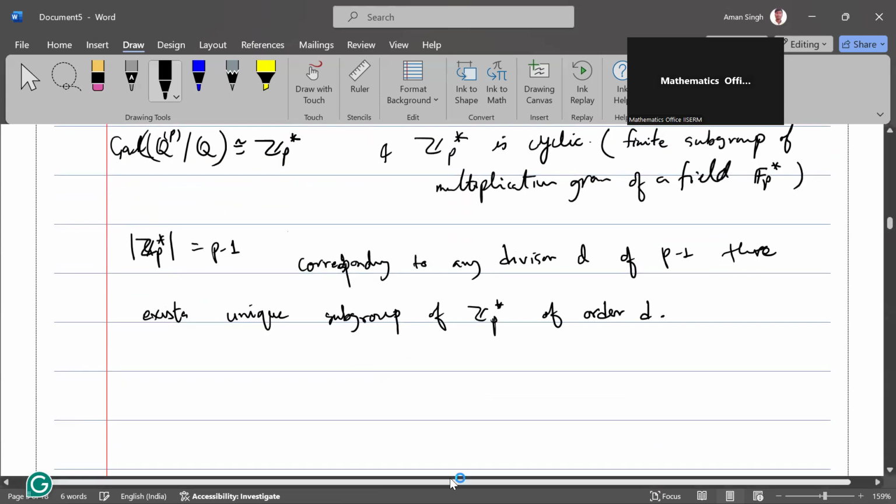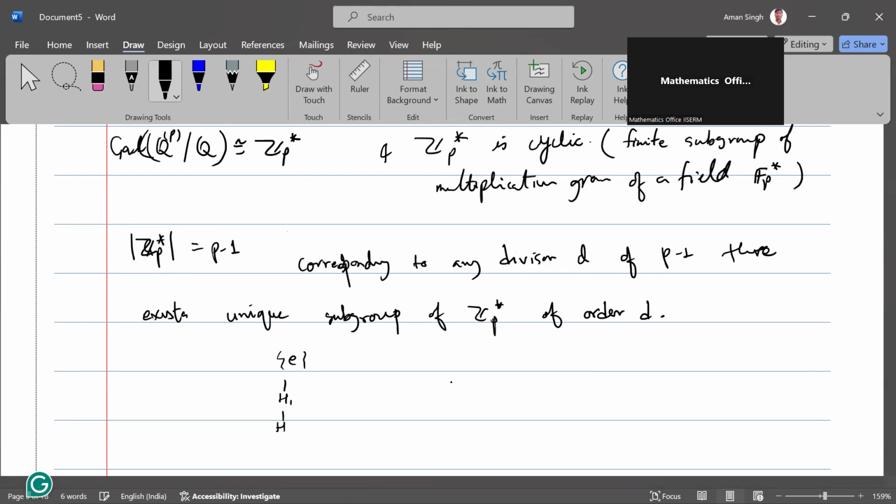So a unique subgroup means we'll get corresponding, for example, E here, H1, H2, and so on. Here we have Z_p star. Then on this side we will have Q(ζ_p) containing Q(ζ_p)^H and so on.